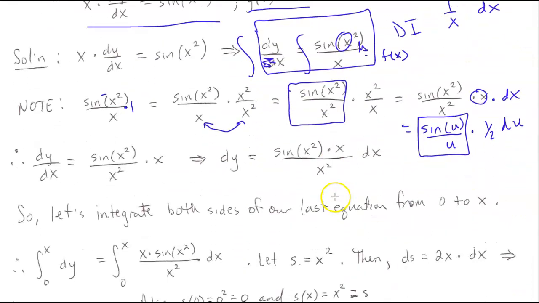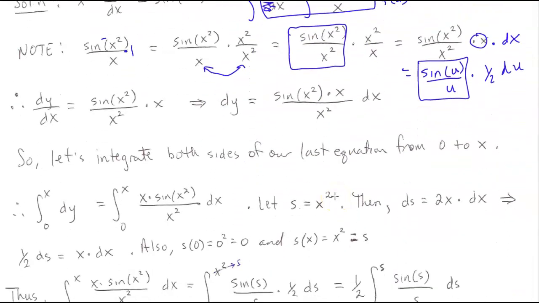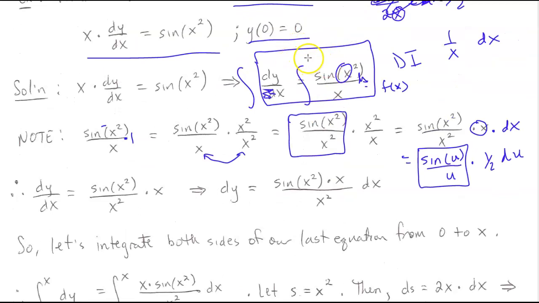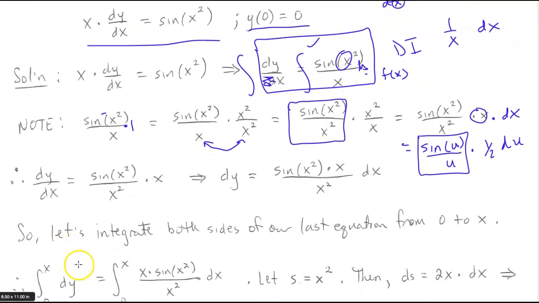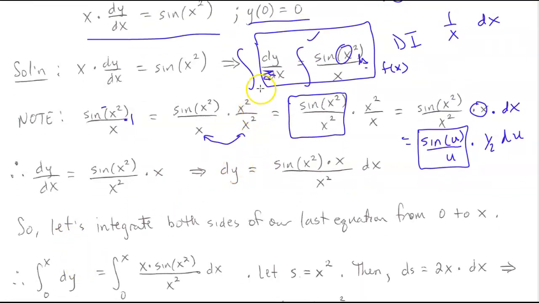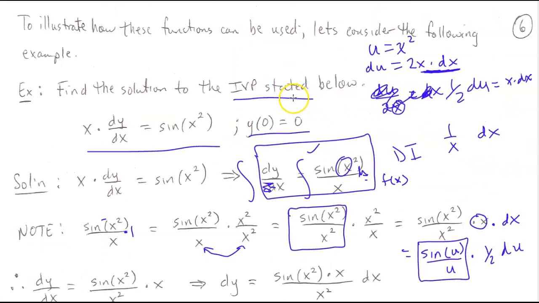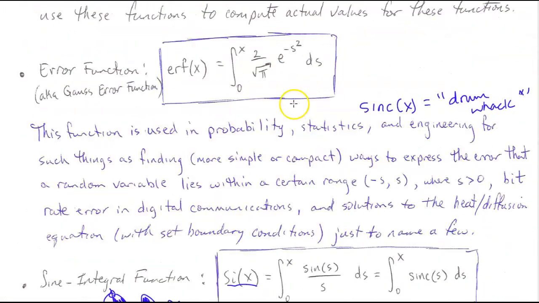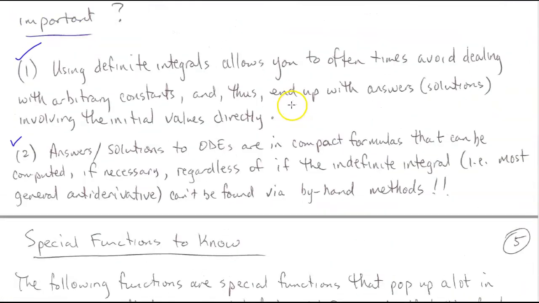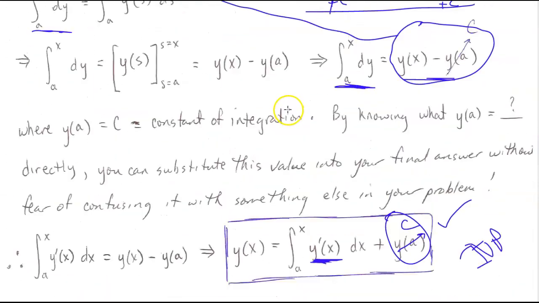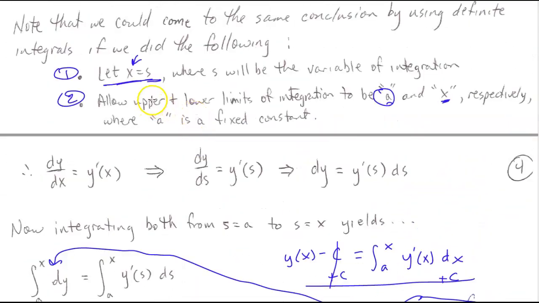All right, so how do we do that? What we decide to do is the same thing that we said we were going to do here, but we're going to integrate with definite integrals where our lower limit is 0 and upper limit is x. And again, we're doing that because if we go back to this page here, whenever we were deriving this process, these were the two things that were suggested for us to do to make this more streamlined.